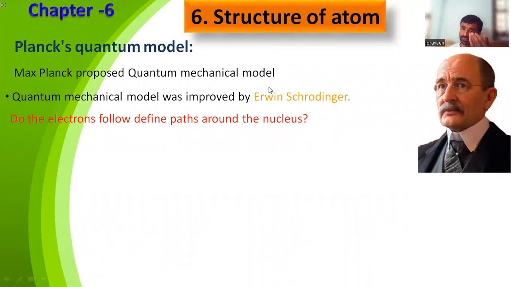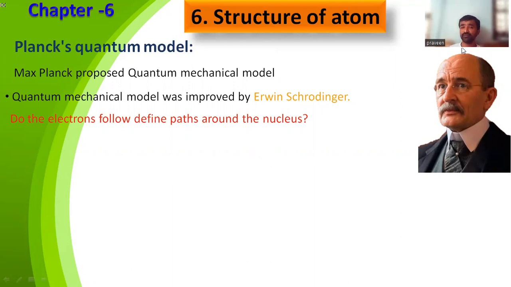Later on, it was given as elliptical orbit. That is the different thing. But whatever the shape of the orbit, the orbit is the path around the nucleus. Simple definition: the path around the nucleus, right? So, do electrons follow different paths around the nucleus?